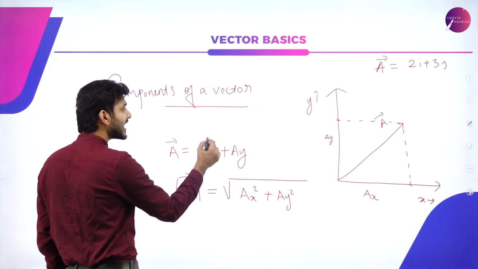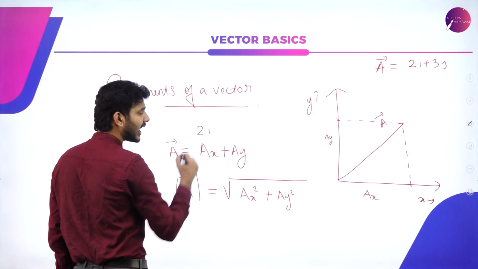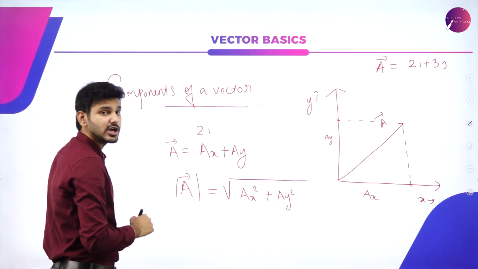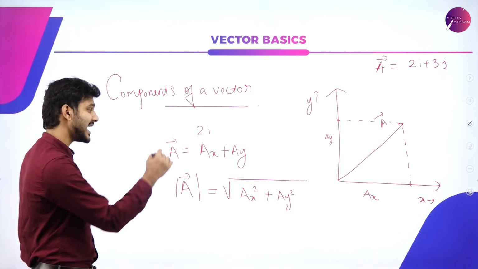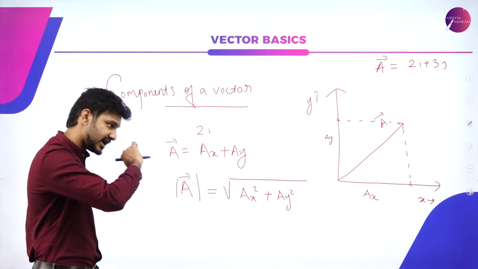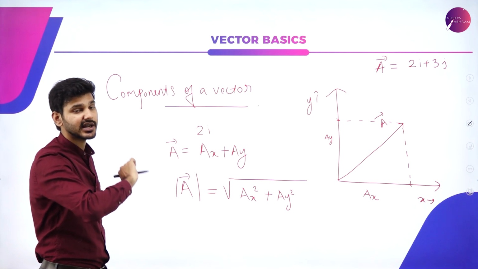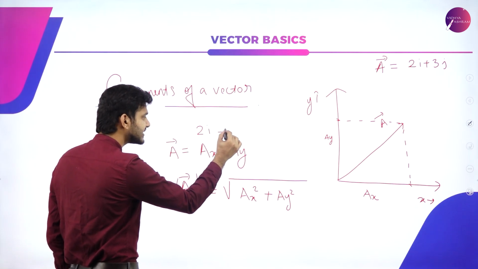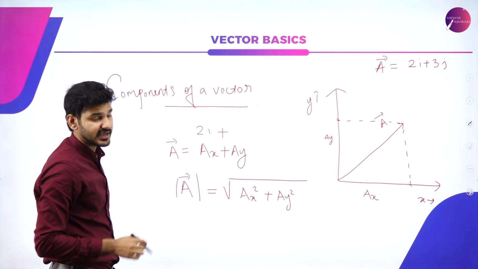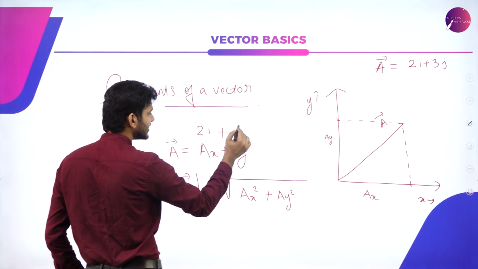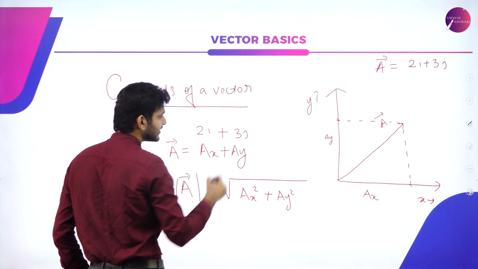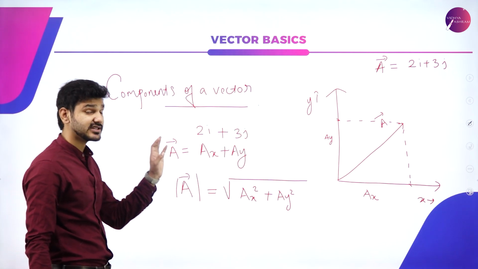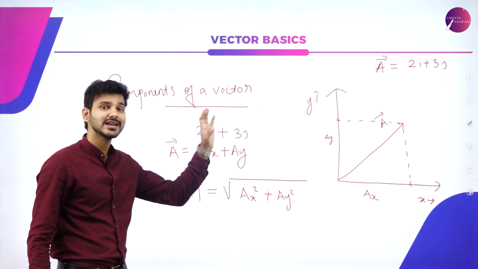Here ax is nothing but 2i, because i is the unit vector of the x axis, that is, in the x axial direction it is i, so it is 2i, plus ay, in the y direction it is j, so it is 3j. It is already written down. Vector A is equal to 2i plus 3j.